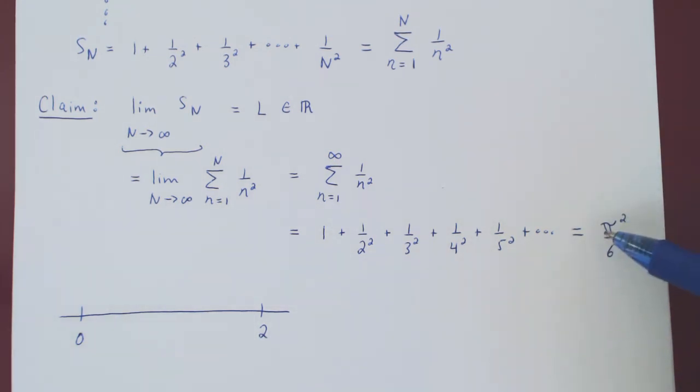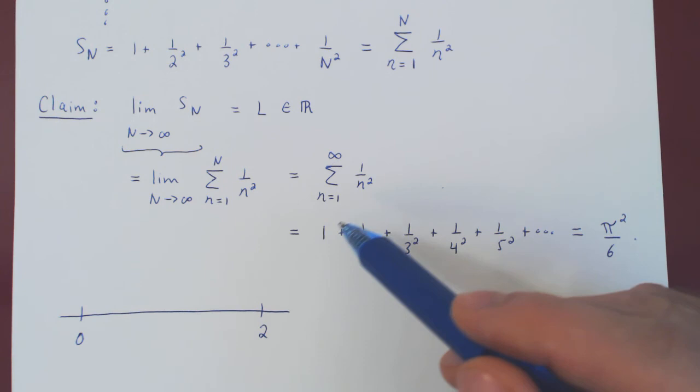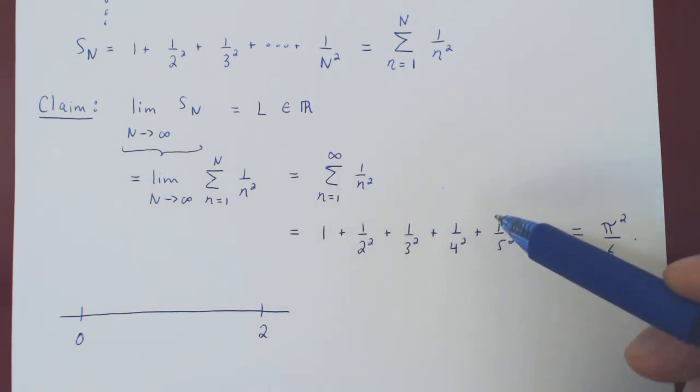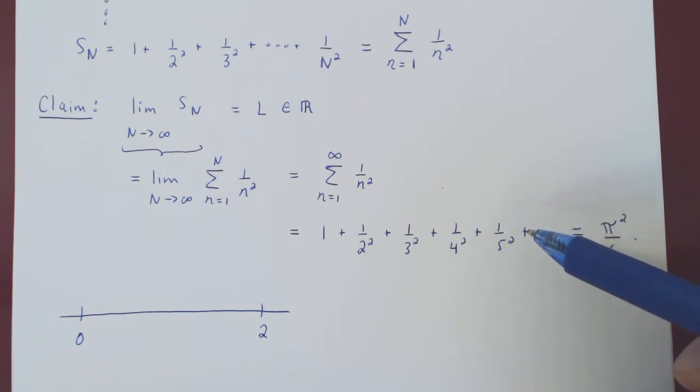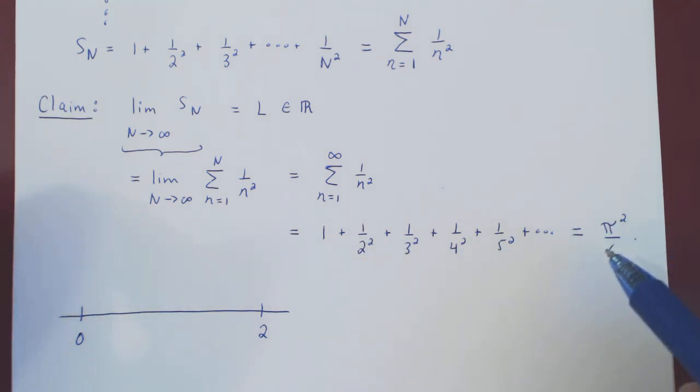And you can try, and I encourage you to do so, take out your calculator and start adding up these numbers. 1 plus 1 over 4 plus 1 over 9 plus 1 over 16 plus 1 over 25 plus 1 over 36 plus 1 over 49 plus 1 over 64, and keep adding those. And the more you add, the closer you will get to pi squared over 6.